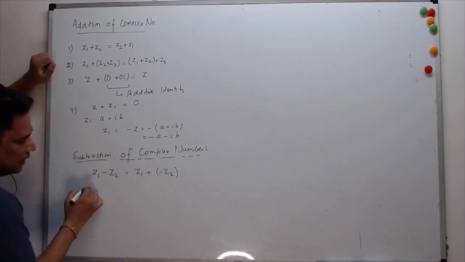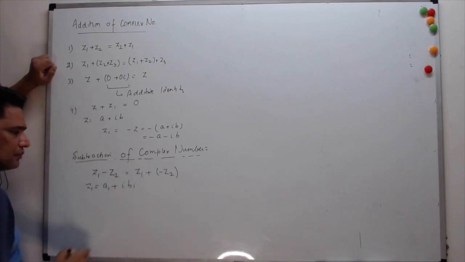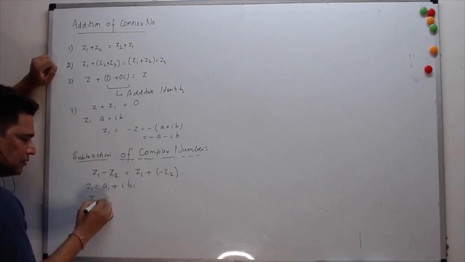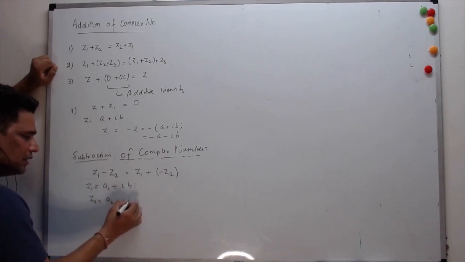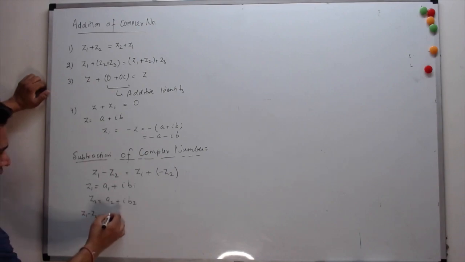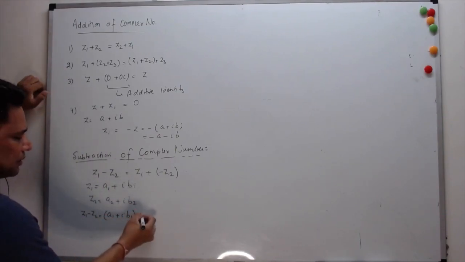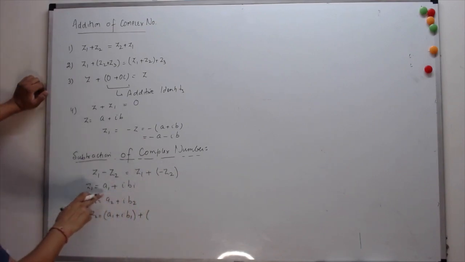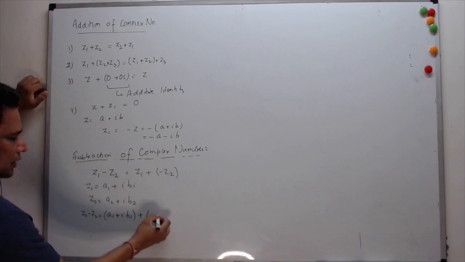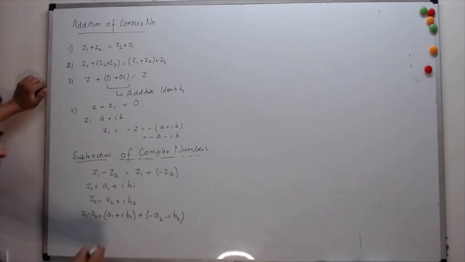So let's say you have z1 as a1 plus i times b1, that's your first complex number, and z2 is a2 plus i times b2. Then ultimately z1 minus z2 stands for a1 plus i times b1 plus the additive inverse of z2, which is the real and imaginary components with their signs reversed.